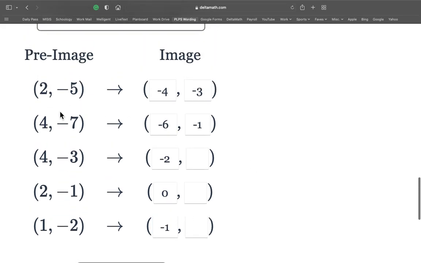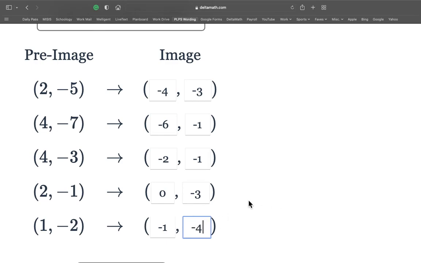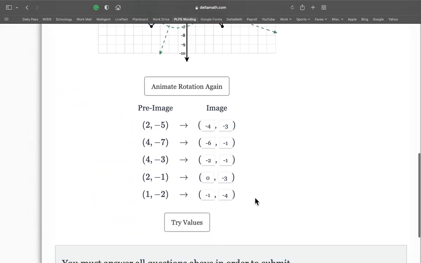Okay. What about here? From 2 to negative 3: 2 minus 5 is negative 3. 4 minus 5 is negative 1. 2 minus 5 is negative 3. And 1 minus 5 is negative 4. So let's see if that works.